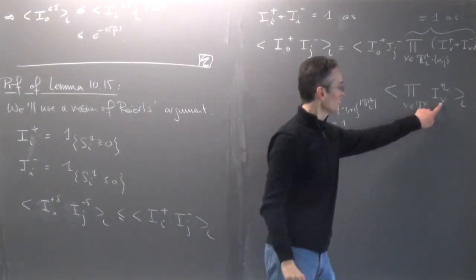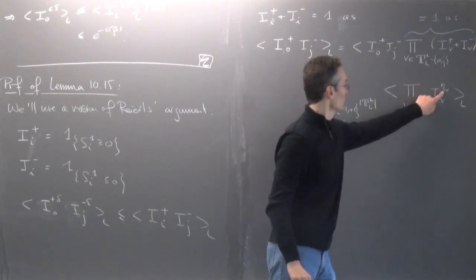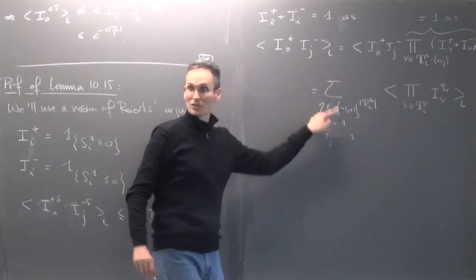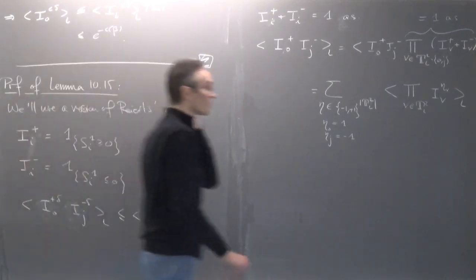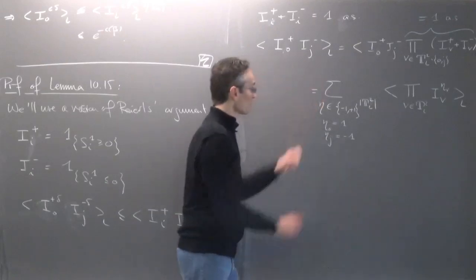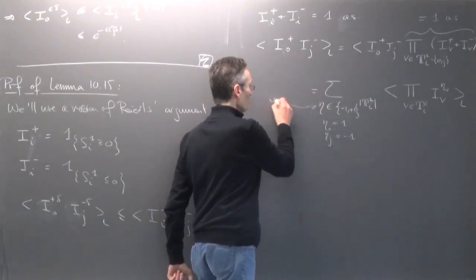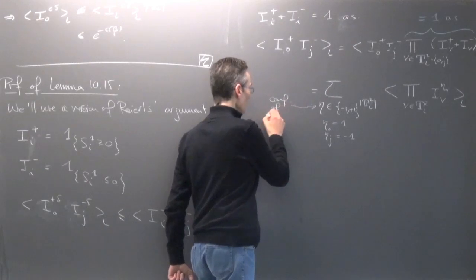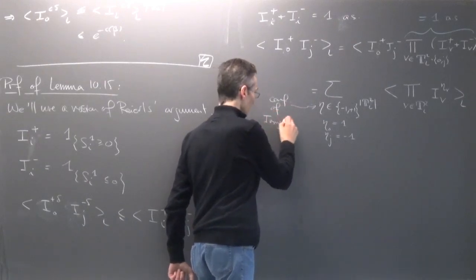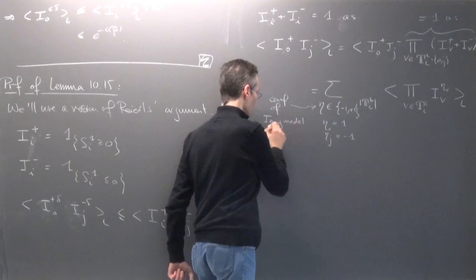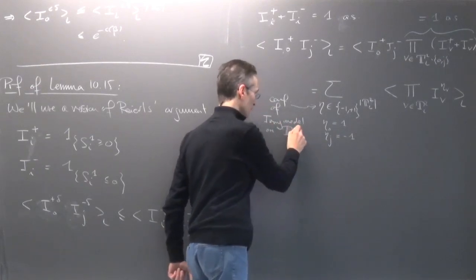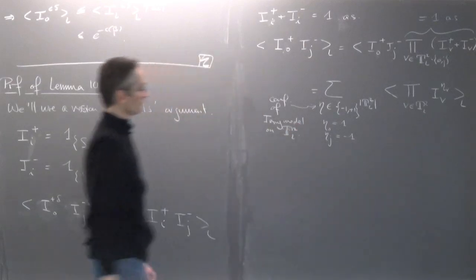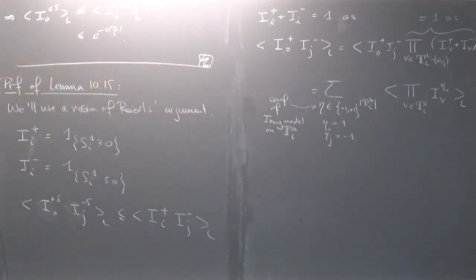At the vertex V, I put the value plus or minus 1 according to which term I'm considering, if I've chosen the plus term or the minus term. Good. Now, this is just a configuration of the Ising model on the torus, just plus or minus 1 at each vertex.